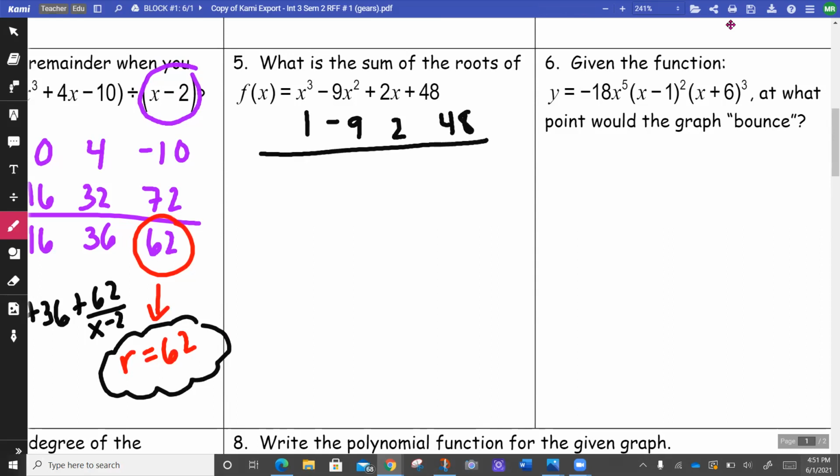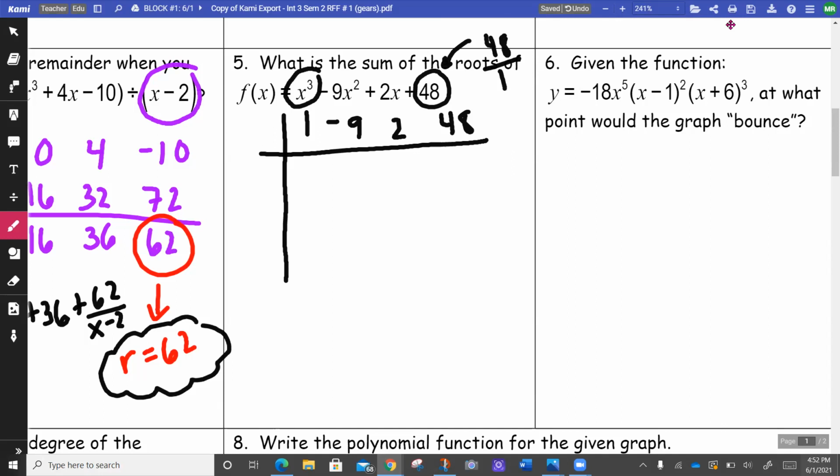I am going to do kind of a column form because I may not get it on first try. I would take the coefficients, and my lead coefficient is 1. My constant is 48. My P over Q is all things that multiply to 48 over all things that multiply to 1. So everything that multiplies to 48, 1 and 48, 2 and 24, and so on. I'm going to go through all of those.